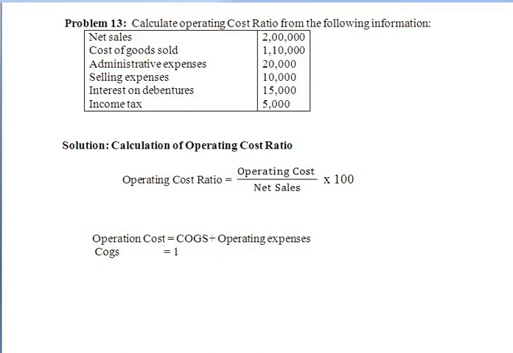COGS is 1,10,000. We need to find out the operating expenses.